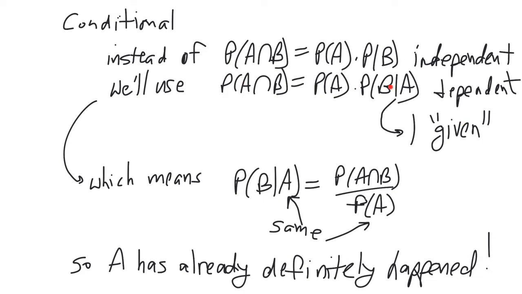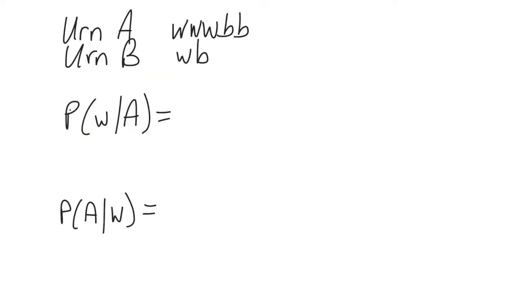Of course, we can take that second equation and divide both sides by the probability of A and solve for probability of B given A. The way I remember this formula is that the second letter in the given thing is also the denominator. And when we use this formula, the assumption is that event A has already in the past definitely occurred and happened. Here's a couple examples.